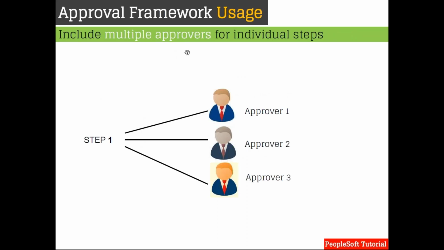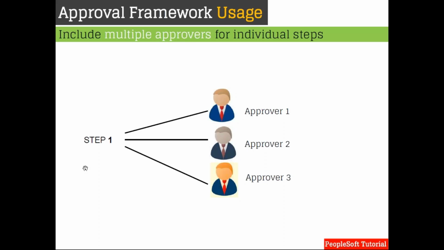Include multiple approvers for individual steps. In later slides, we will see that we can design our approval framework in a way that it could have many stages, which are further segregated into paths and further segregated into steps. So once we submit a request, it may go through various steps, stages and paths.